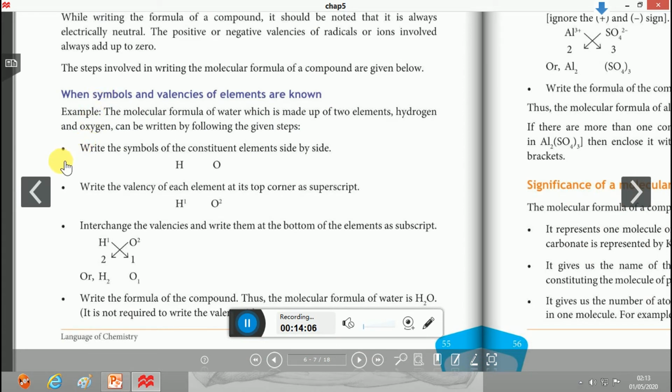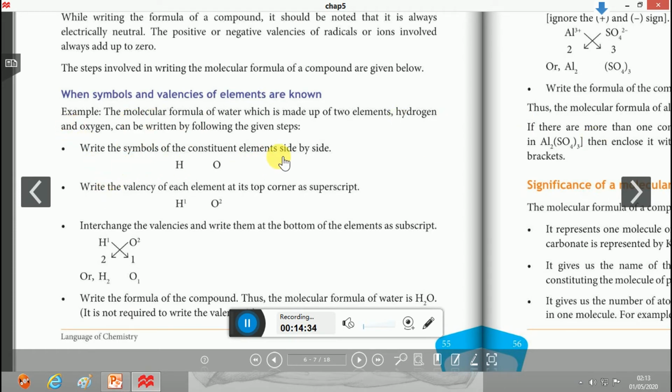Now to write the molecular formula of a compound, you should know the constituent elements as well as their valencies. First take the example of water. We know water contains hydrogen and oxygen.